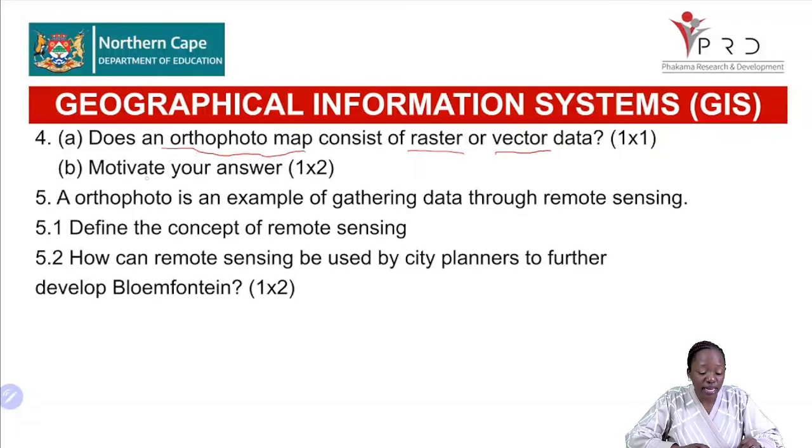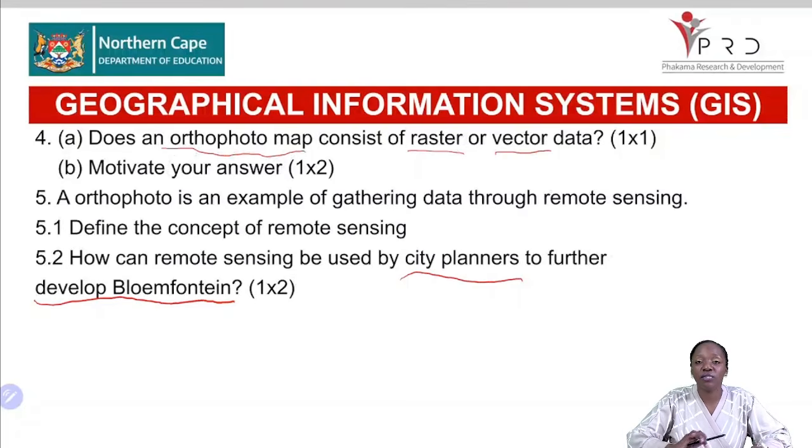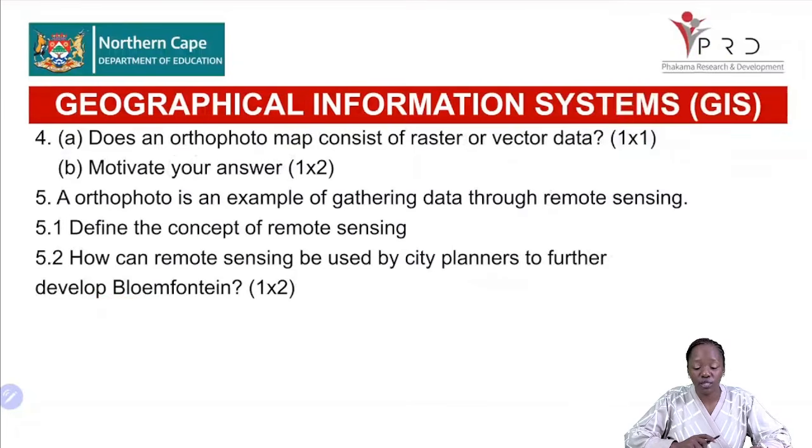And then secondly, how can remote sensing be used by the city planner? How are they going to be used by the city planner to further develop the area, which is your Bloemfontein? So here I'm going to give you 6 minutes to work on these 4 questions, and then after 6 minutes, we will be able to proceed with our corrections.